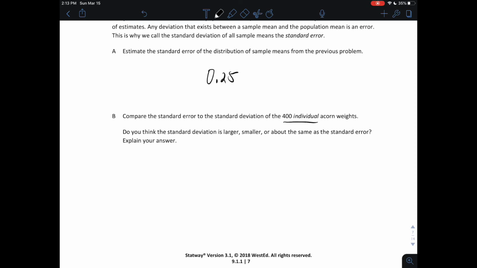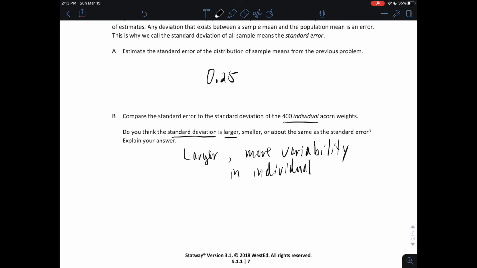As we've seen before, we might suspect there'd be more variability in these 400 individual acorn weights. So we would think that maybe the standard deviation would be larger. More variability in individual weights.